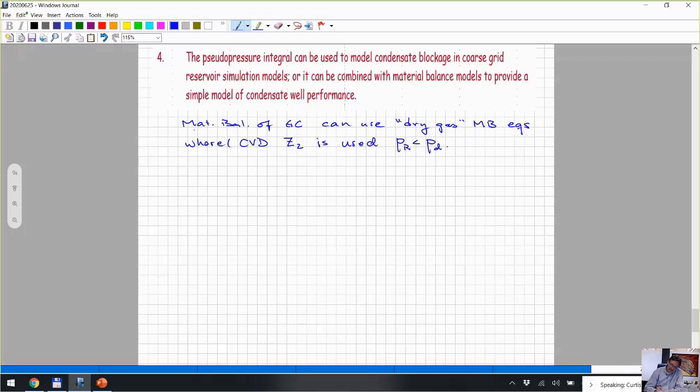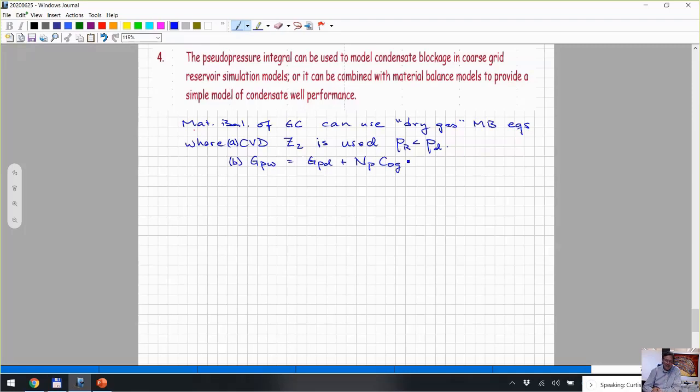So that's where A and B, the production that's used, the cumulative production, is a wet gas cumulative production, which is the GPD plus this term here.